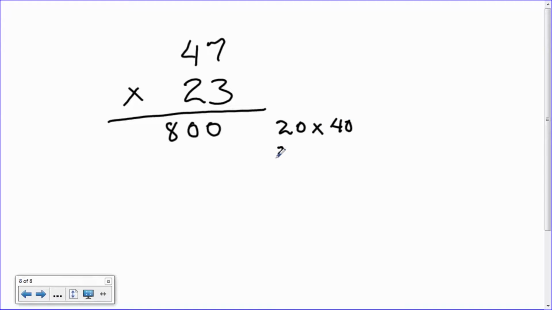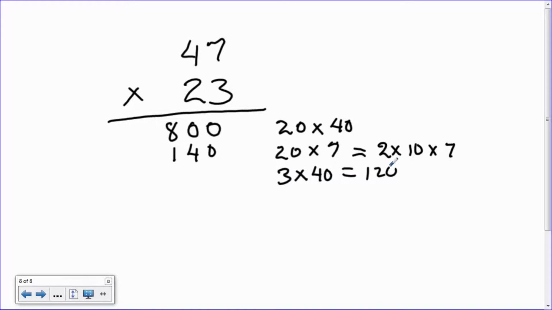And then it's 20 times 7. And if they don't know that's 140, let them take the time to expand that to show why that's actually 140. So the 20 is 2 times 10 times 7. So they could do the 2 times 7 because of the any order property. 2 times 7 is 14, and 14 tens is 140. Then finally, 3 times 40, which is 120, and 3 times 7, which is 21.